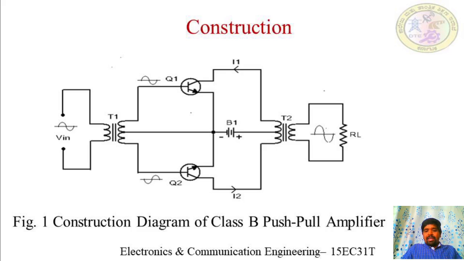And next, the two transistors we are using: the emitter terminals of transistor Q1 and transistor Q2 are connected together. That is the second point. And the third point: the center-tapped terminal of the transformer T1 and the negative terminal of the power supply are connected to the junction where the two emitter terminals are connected.